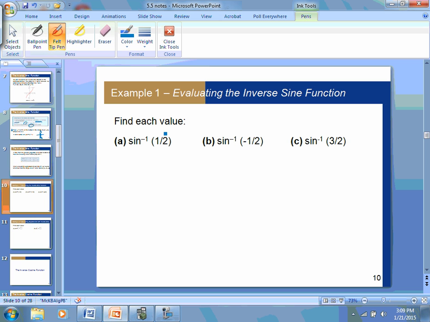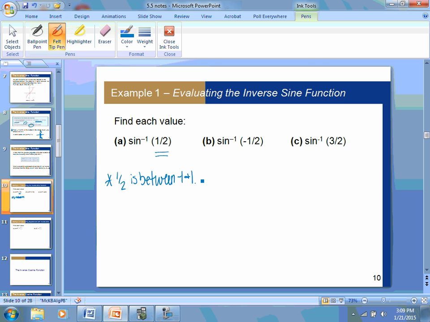So I have sine to the negative 1 of x, basically. This 1/2 has to be between negative 1 and 1. And it is. So 1/2 is between negative 1 and 1, because that's where our domain has to stay.